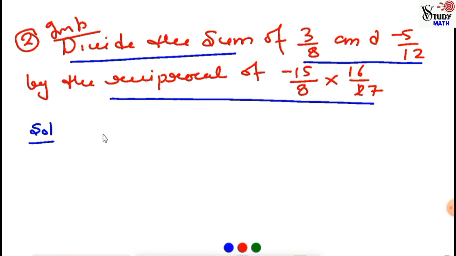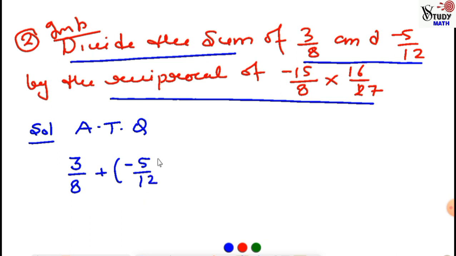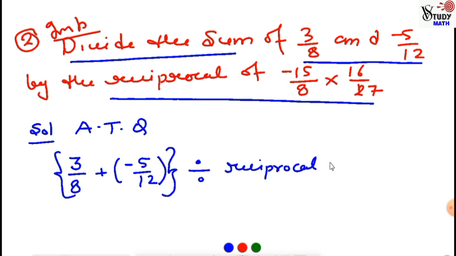So let's write first what is given. Write according to the question. Given that we have to find the sum of the first two numbers, and this sum will be divided by the reciprocal of negative 15 by 8 multiply 16 by 27.